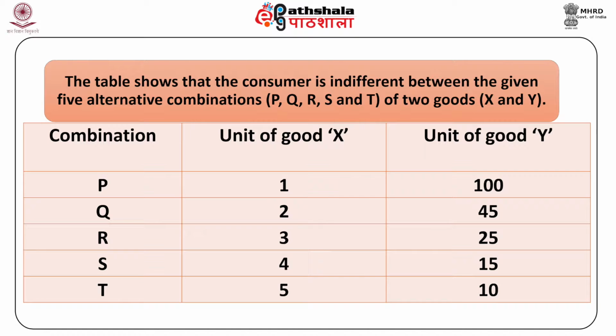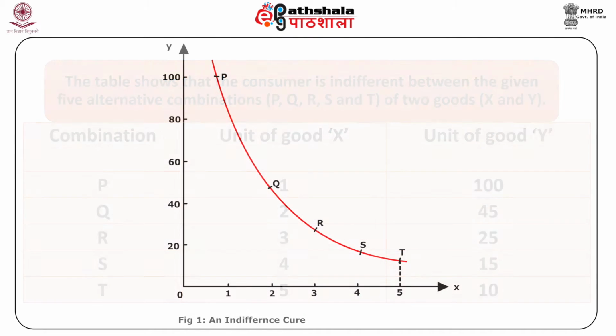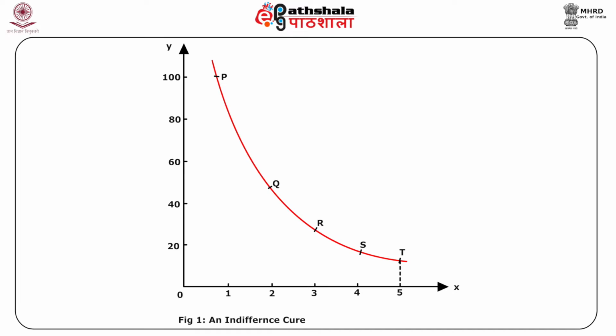When all the combinations are represented in the form of a graph, we obtain an indifference curve as shown in figure 1. So this figure shows you the different combinations of good X on the x-axis and good Y on the y-axis.